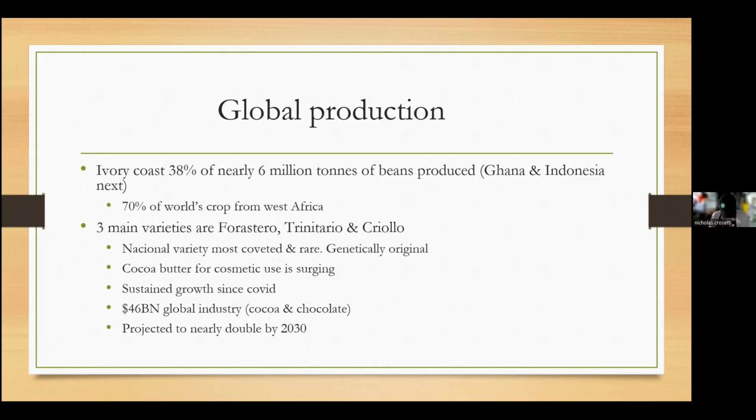The Forastero is the most widely grown. It's also the largest pod. It produces the most beans. It's the most disease resistant. It doesn't have the best flavor though. It's typically used for bulk production.